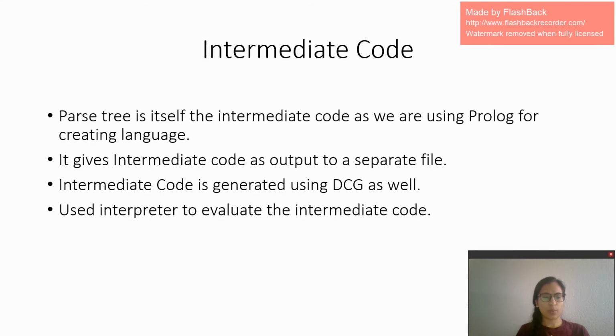Since we have designed the language wholly in Prolog, the parse tree so generated from the parser is actually the intermediate code. The generated intermediate code is evaluated using an interpreter in the runtime environment. The interpreter actually evaluates each node of the tree by reading the parse tree from the .bmic file.